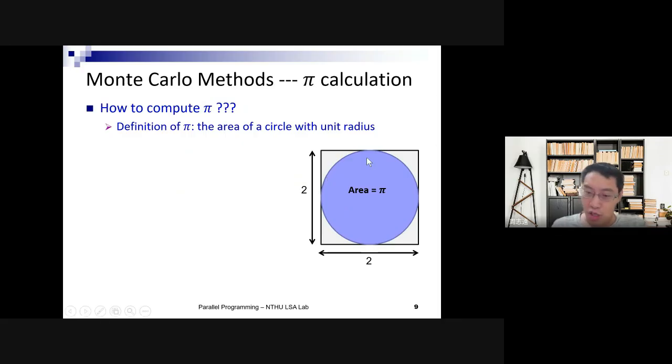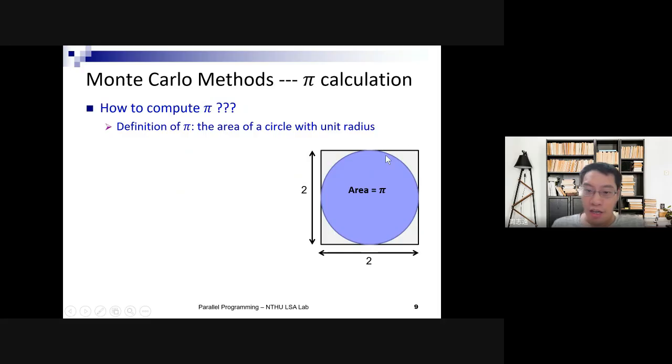The idea is that although we don't know the value of pi, we know that for a unit circle, the diameter is 2, so we can use a 2 by 2 square to fit that circle.